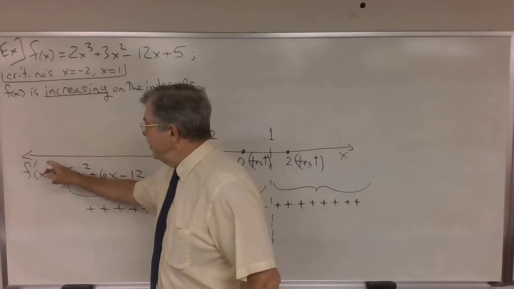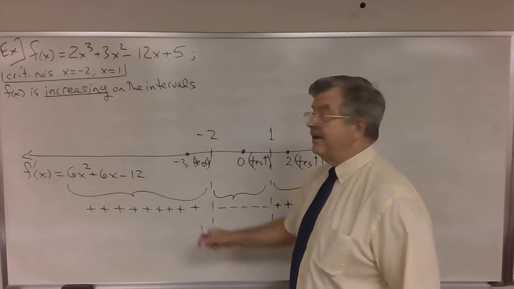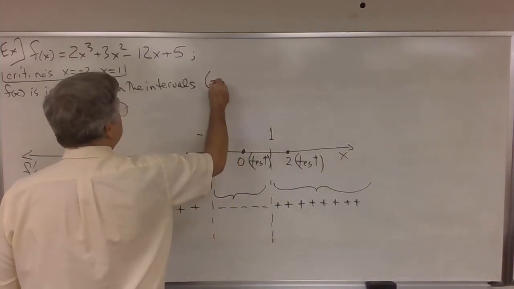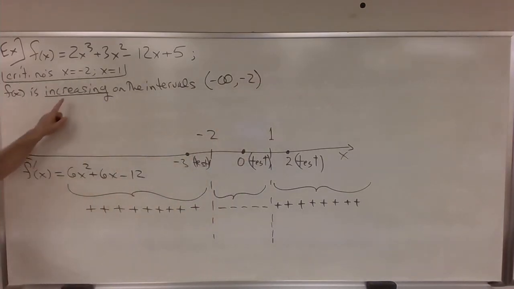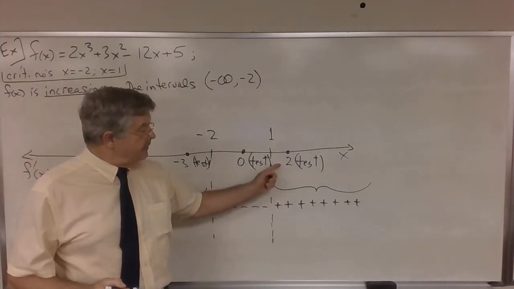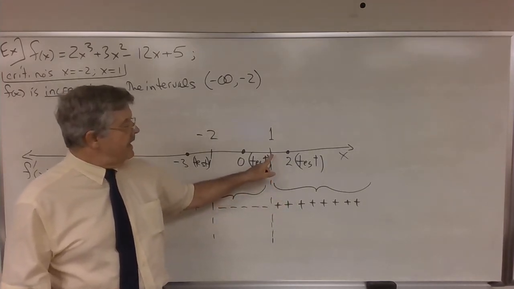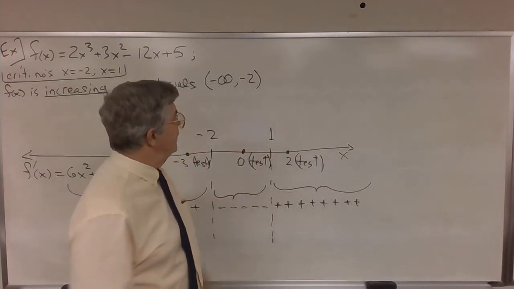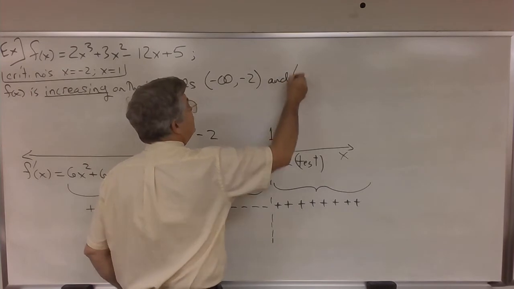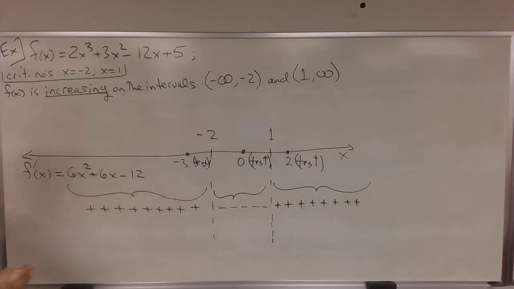And on this interval on the x-axis from negative infinity to negative 2, the derivative is positive. So from negative infinity to negative 2 on the x-axis, f of x is increasing. And f of x is increasing on this interval too, because the derivative is positive here. From x equal 1 all the way to infinity, f of x is increasing on that interval.